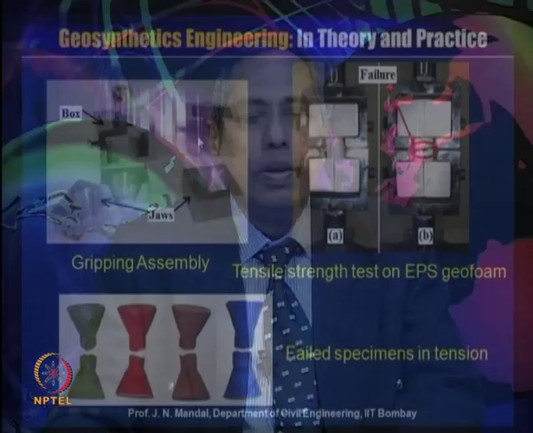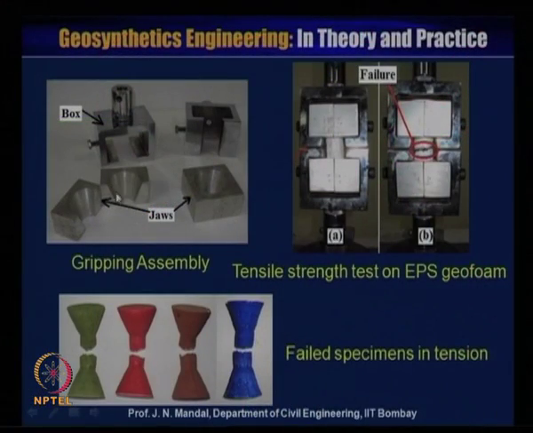So we have also fabricated the gripping assembly for this. It is also very complex. You can see this is the jaw. We have also fabricated and developed this, and this is the box, and here is the tensile strength test setup on the expanded polystyrene geofoam material.